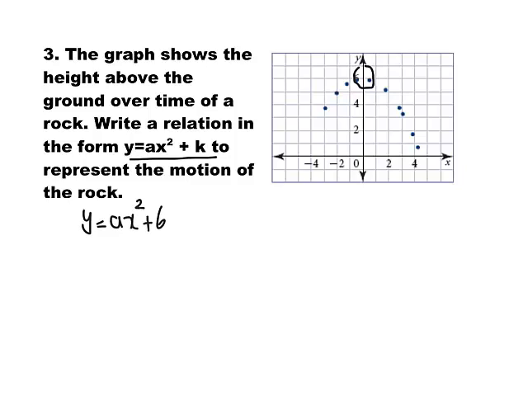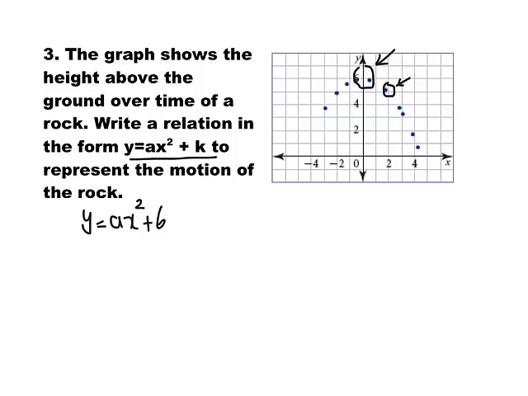To find the value of a, pick any point other than the vertex that you just picked, which is here, and sub it back into the equation. Let's say I pick x equal to 2, corresponding to this point, which has the value of y equal to 5.